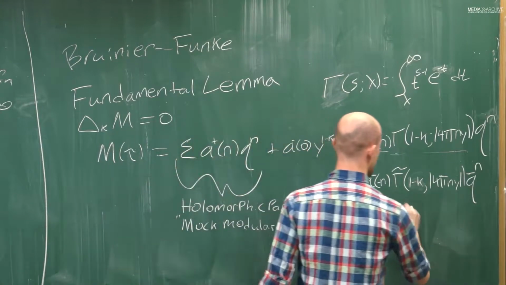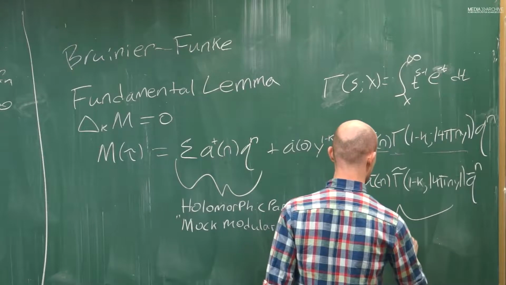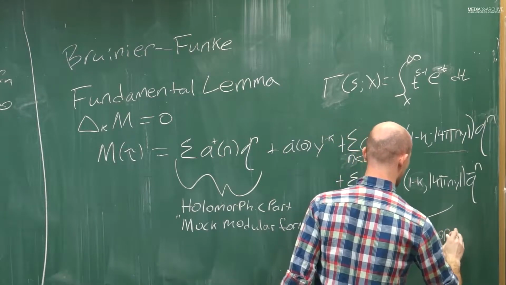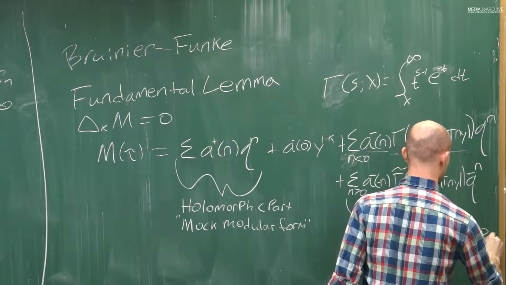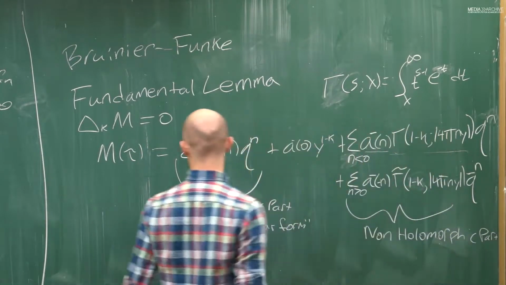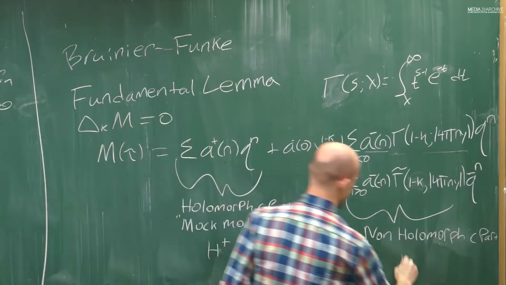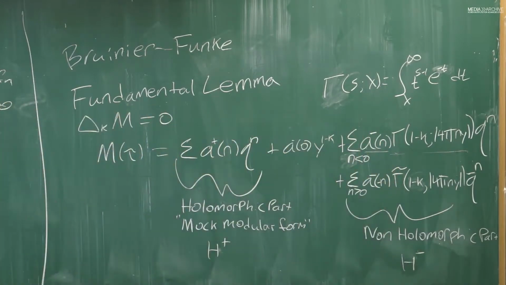And then this part is called the non-holomorphic part. We usually denote these by H plus and H minus.